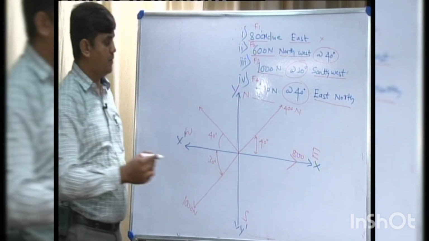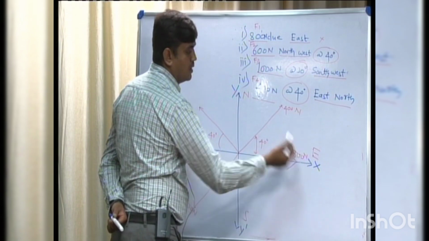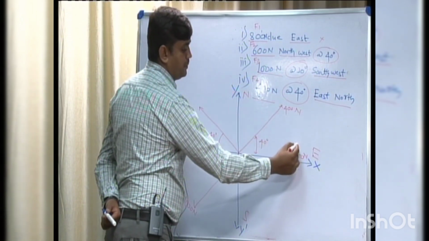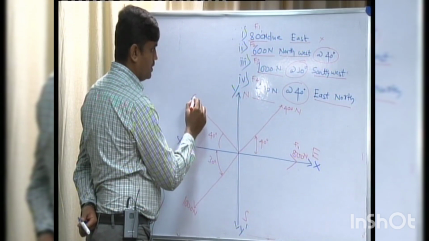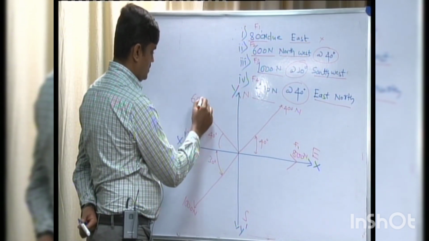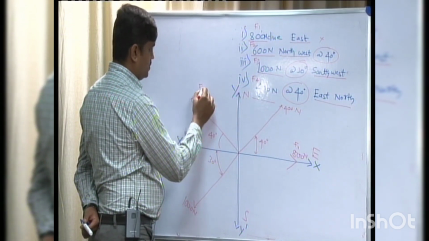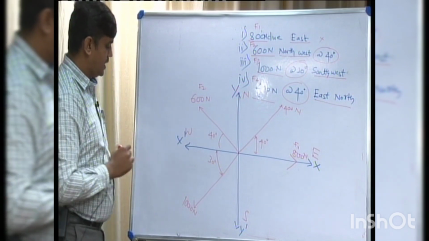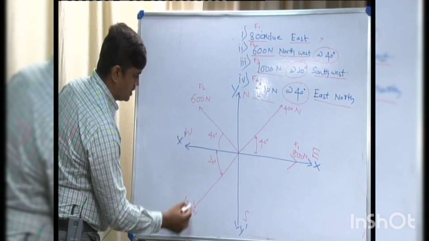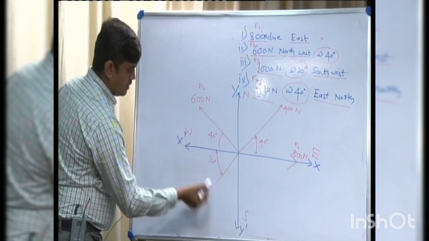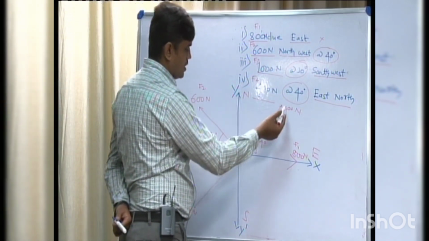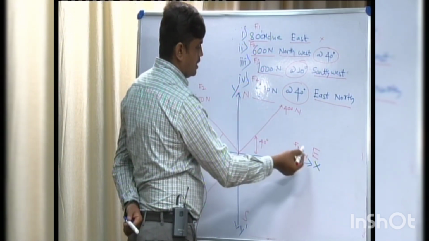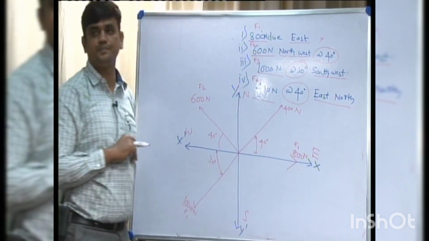First force of 800 Newton F1, second force 600 Newton F2, third force F3 1000 with 30 degree southwest, and the fourth force F4 400 with 40 degree east north.